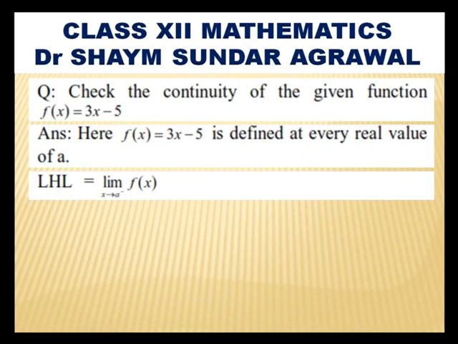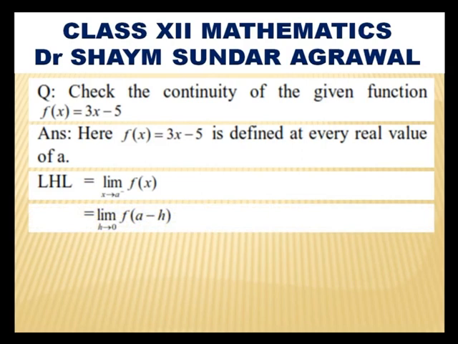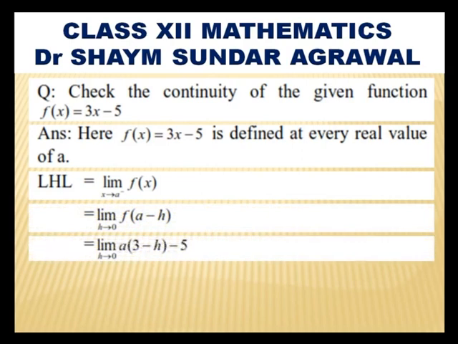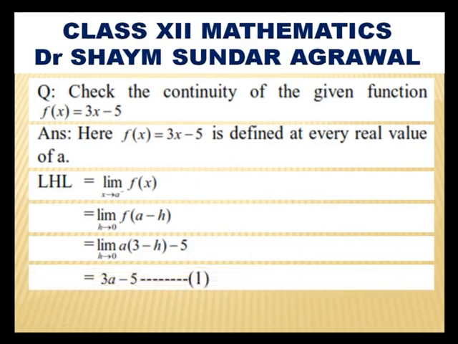That a belongs to its domain. So the left hand limit is limit h tends to 0 f(a - h), that is limit h tends to 0 3(a - h) - 5. By putting h = 0, it is 3a - 5.